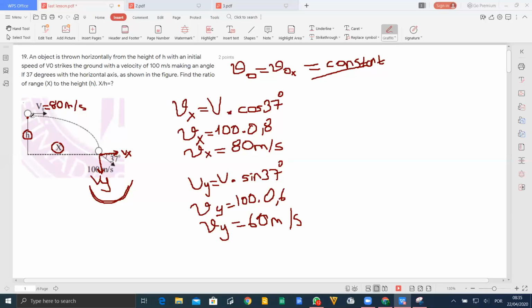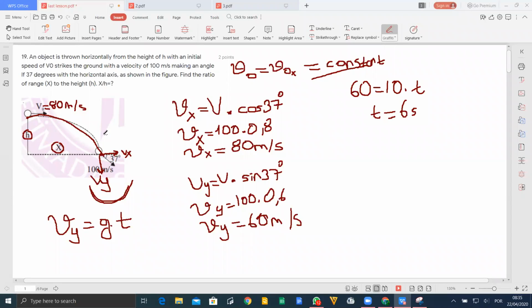And if you remember, if we are talking about the halfway of the projectile motion, to get the time, we were using this value: Vy is equal to g times t. Remember that. On Saturday or Sunday, I talked to you about that. So Vy is 60, so 60 is equal to g, which is 10, times t. The time taken will be 6 seconds. From this point to that point, it takes 6 seconds.